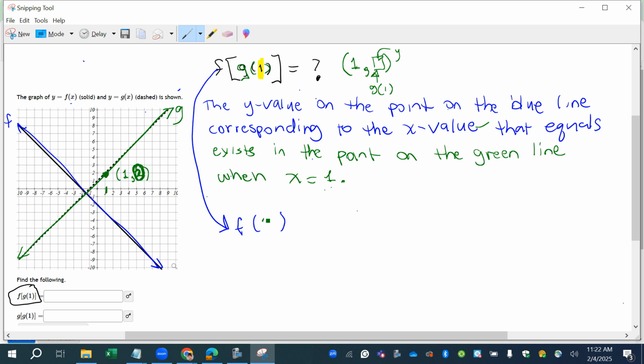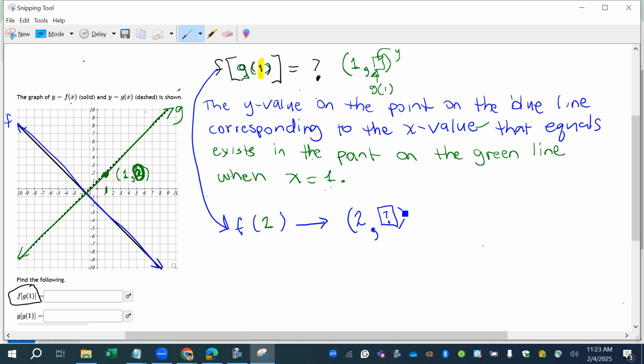So I'm going to put that in. And now, to finish this, I need to look for the ordered pair on the blue line that has the x value of 2, and then my answer is going to be whatever this y value is.